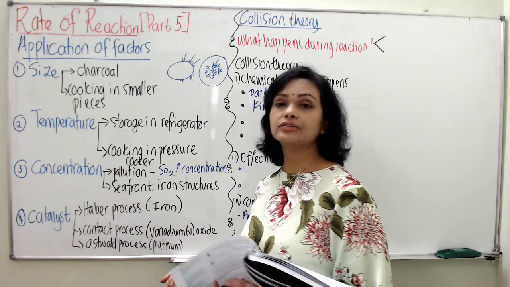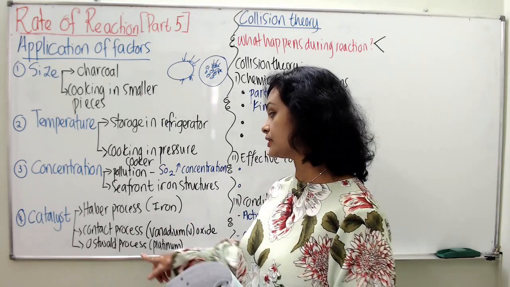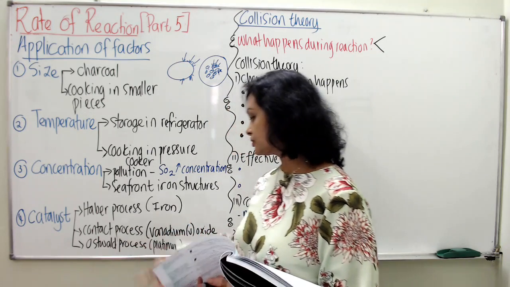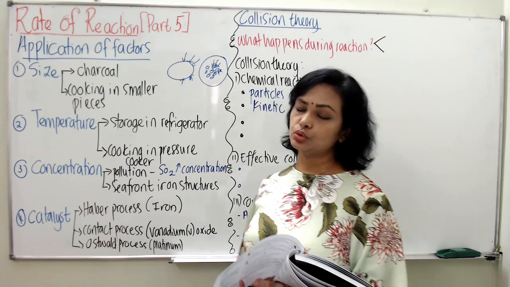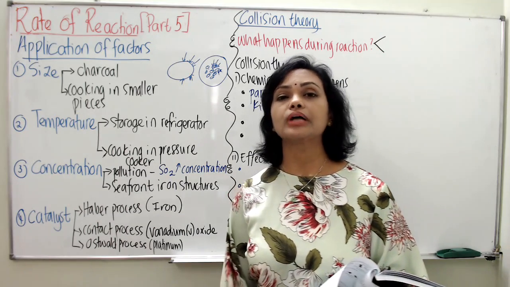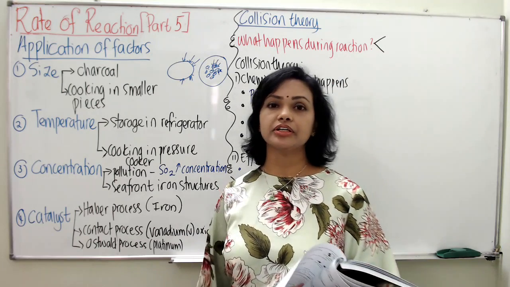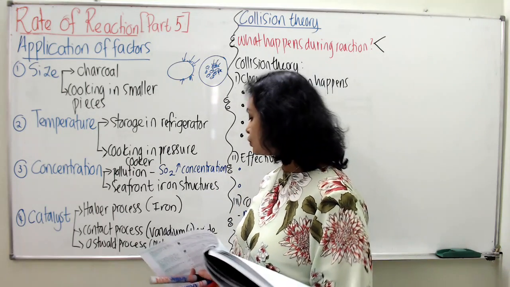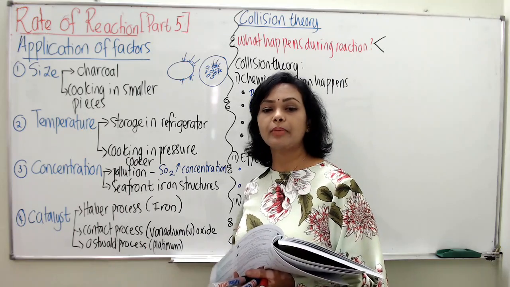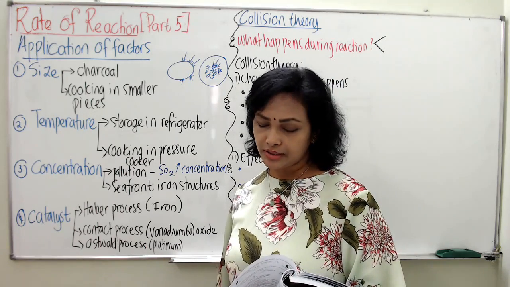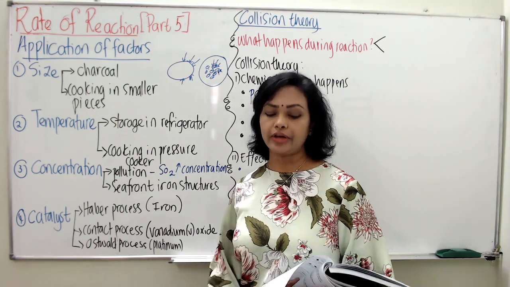Now the third example for the usage of catalyst is the Ostwald process, where platinum is used. Ostwald process is to produce nitric acid industrially. Okay, so nitric acid industrially, where we use platinum as the catalyst to increase the rate of reaction.